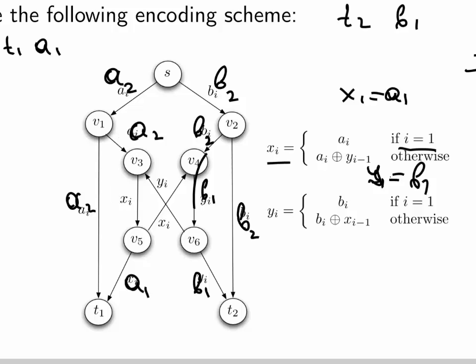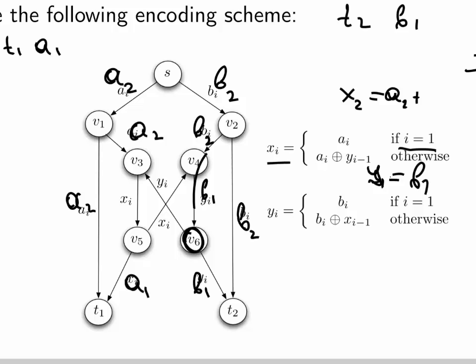the packet transmitted by node V3, which is X2, will be equal to the packet that it received from V1, so it will be equal to A2, but we will be adding the packet transmitted by node V6 in the previous round. So in the previous round, node V6 will forward packet B1.